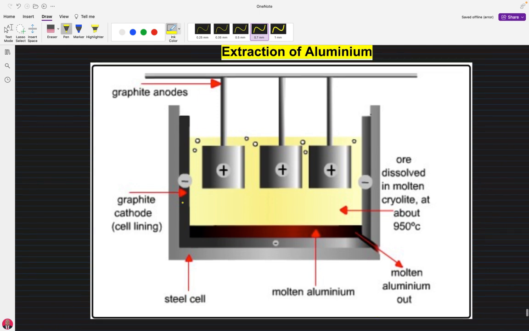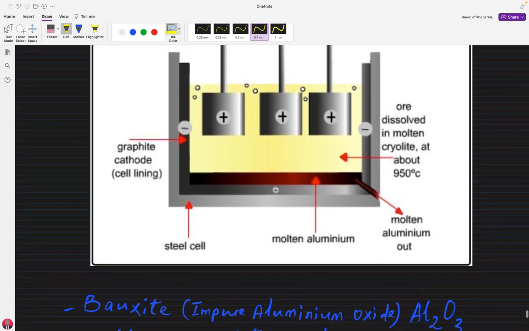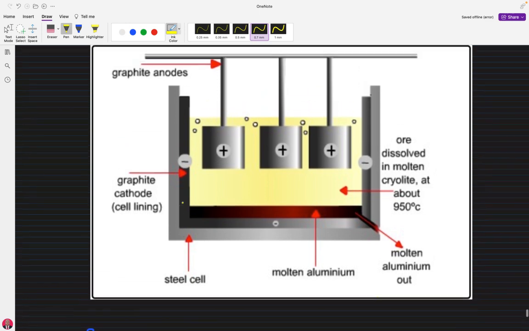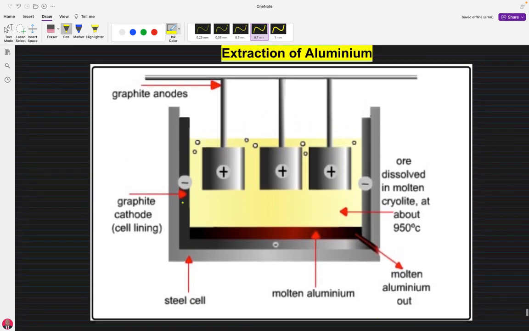Remember, bauxite is an impure aluminium oxide. So the first point is: aluminium is extracted from bauxite, which is impure aluminium oxide.